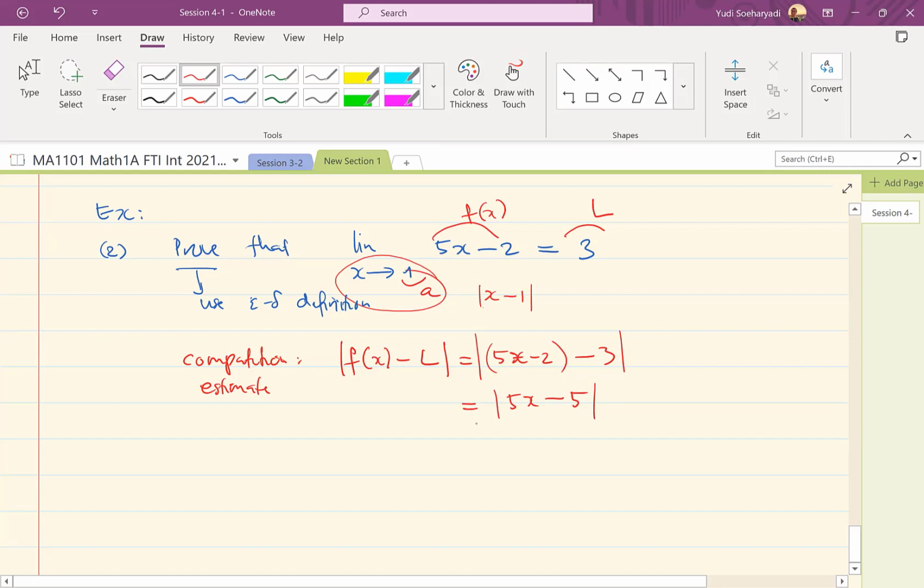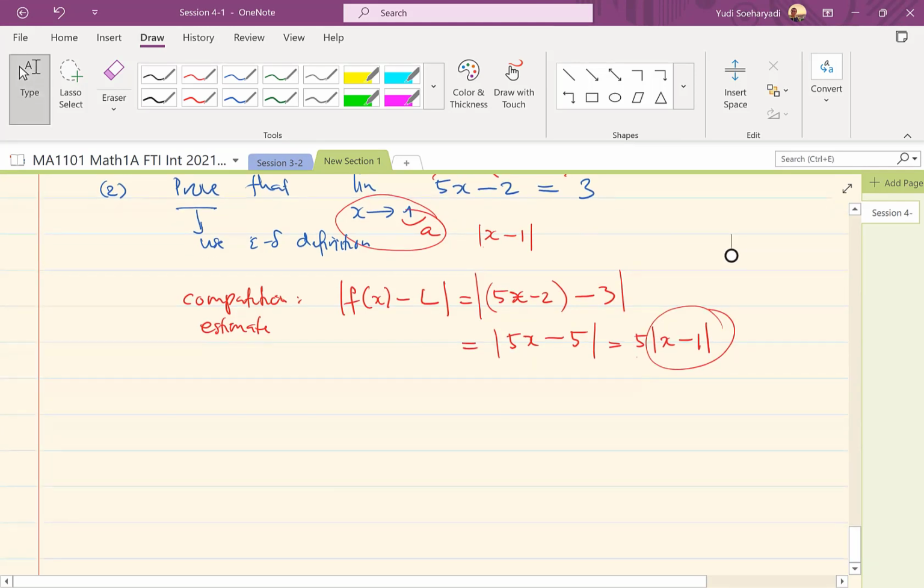But here we have this 5 the same, so you can factor this 5 out. There we go, you find the x minus 1. Okay, so there's 5.